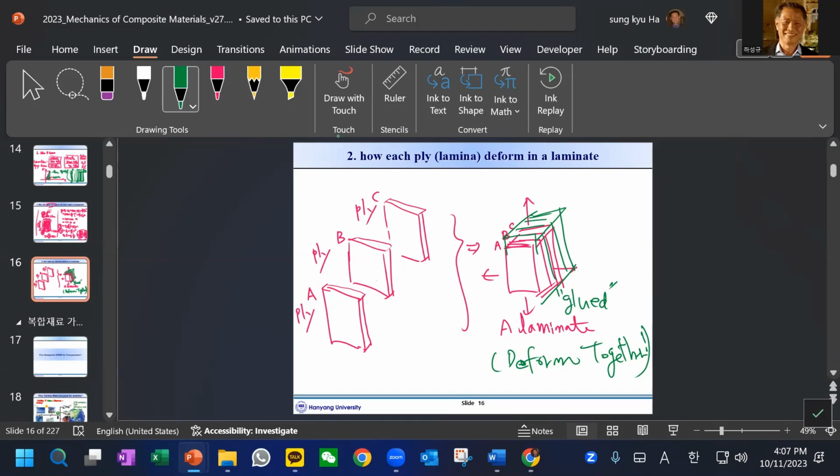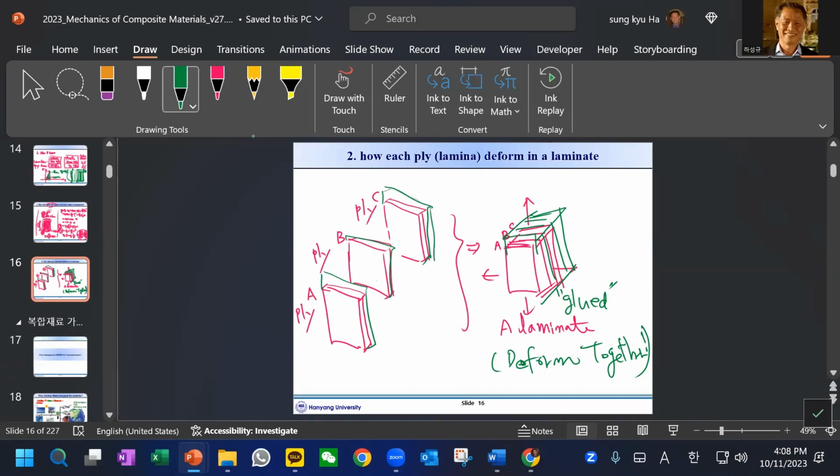But if they are not glued, if we have certain forces, then each may have its own deformation, depending on how much load it carries.